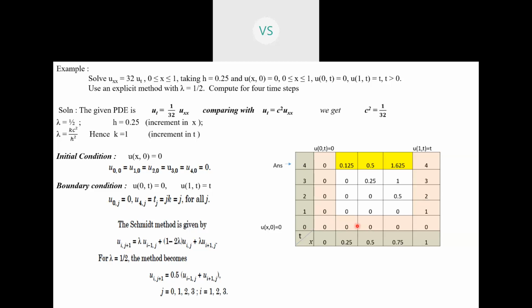In this row, at any point t will always be 0, and x is any value of x in this row. So what is the condition to be written? In this row you write all the zeros for all values of x. T is 0, therefore u value is 0. You write 0 0 0 0 0 in this way.